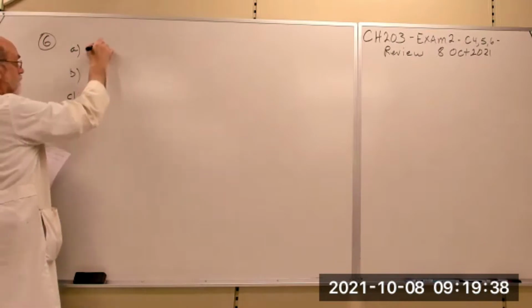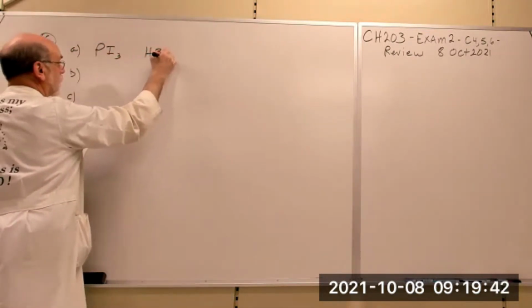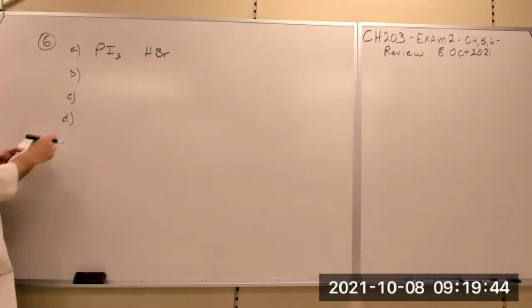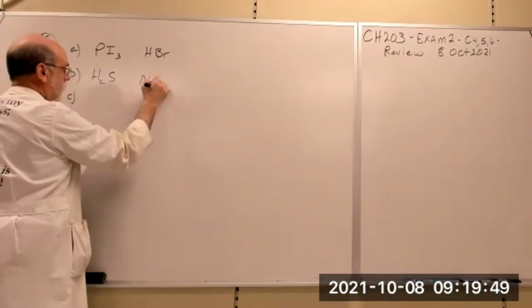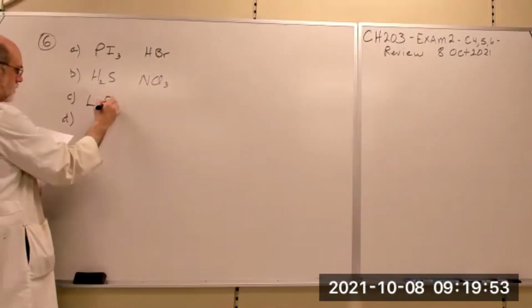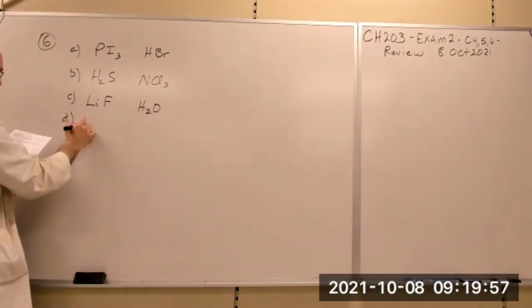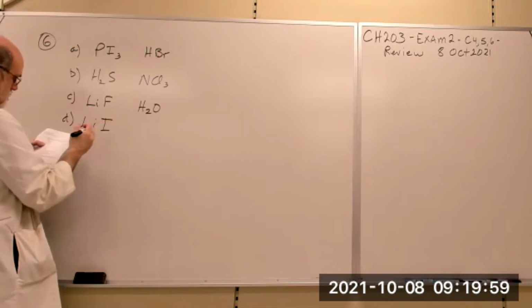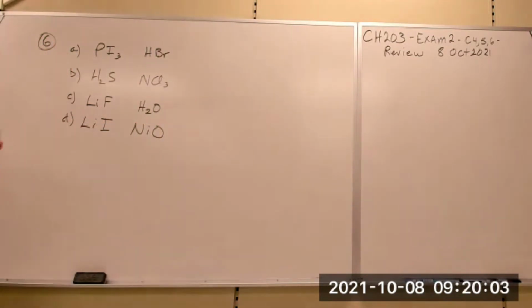We have this one, the first pair, second pair, third pair, and fourth pair. Okay, both members of the pair ionic.